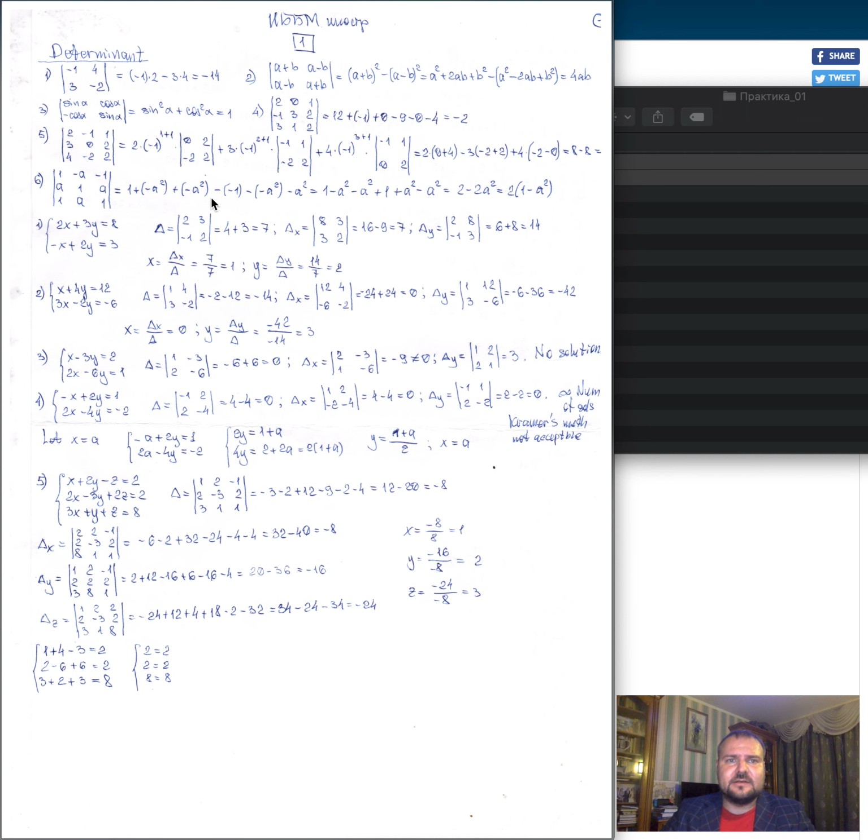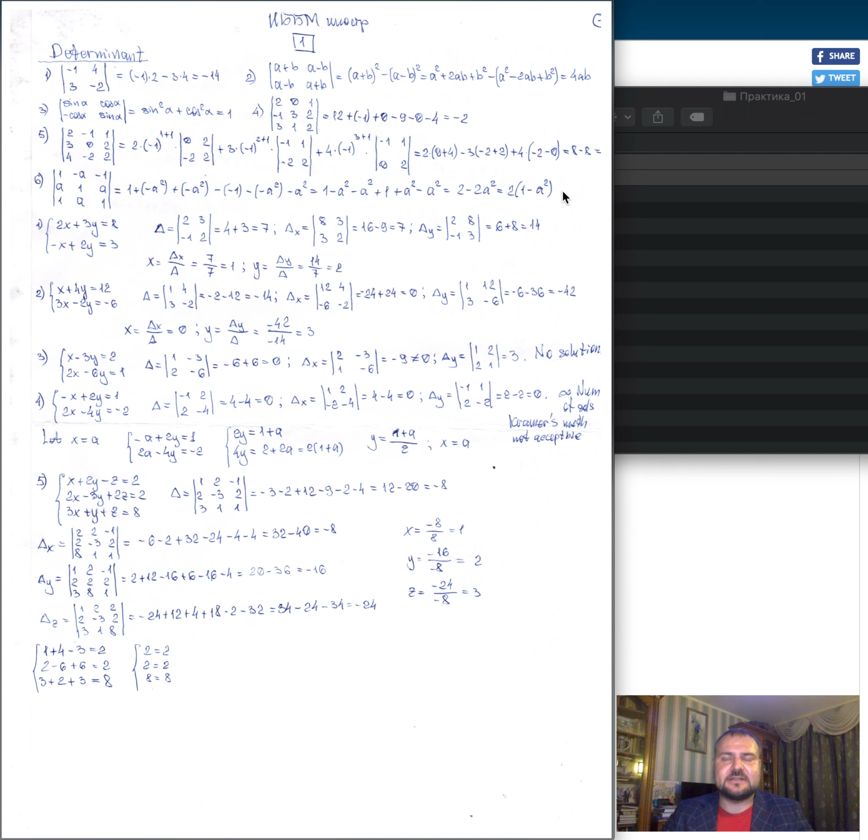We calculate this by the first way, 1 by 1 by 1, then -1 by -a by 1, plus a by -1, minus the not main diagonal, 1 by -1, all with the sign of minus, -a by 1, and -a by 1. Some elements are destroyed and we get the answer 2 and in brackets 1 minus a squared.